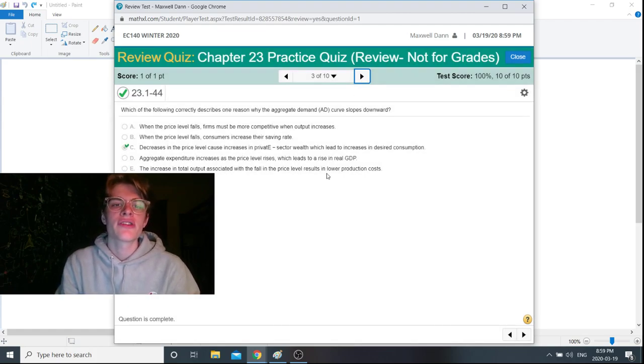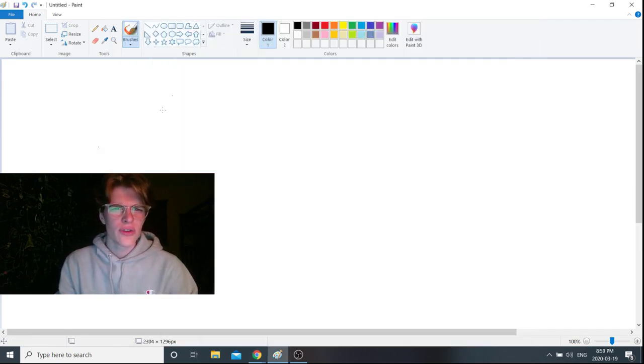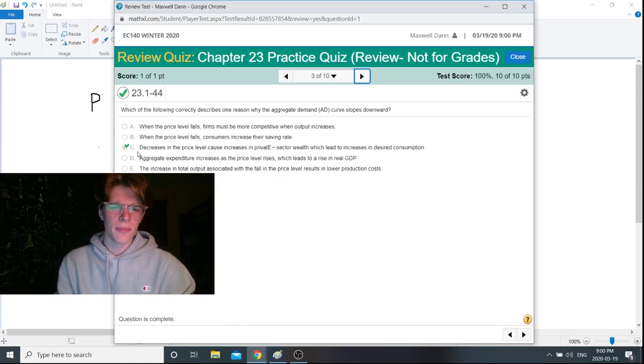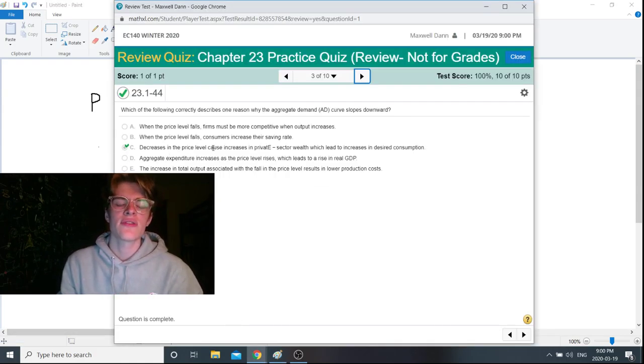Which of the following correctly describes one reason why the aggregate demand curve slopes downwards? So if we graph this out in Paint, the aggregate demand curve looks something like that. AD, and it's measured with Y, which is real GDP, and price level. So what we notice is decreases in the price level cause increases in private sector wealth, which lead to increases in desired consumption.